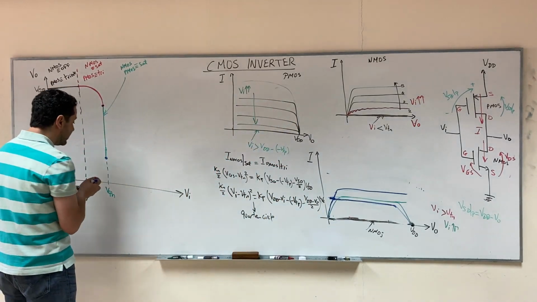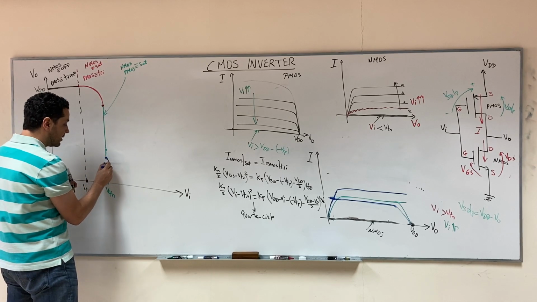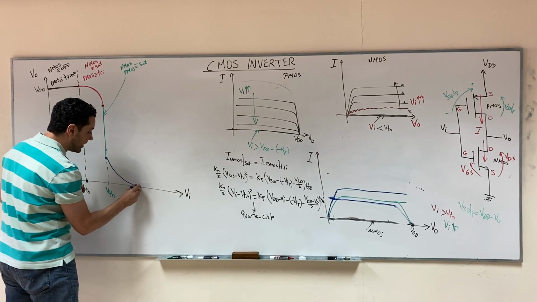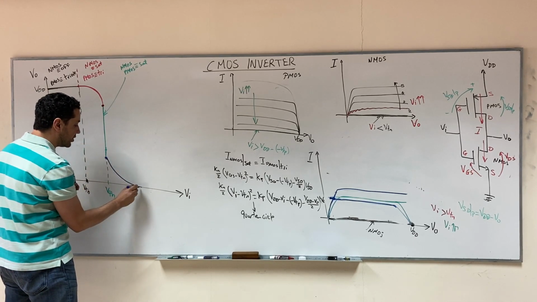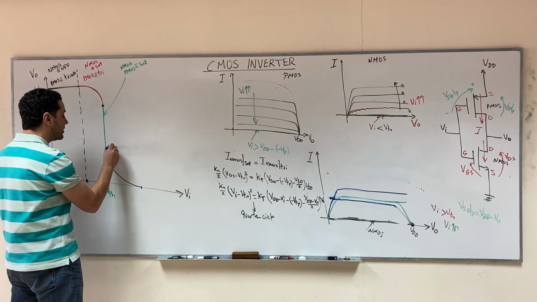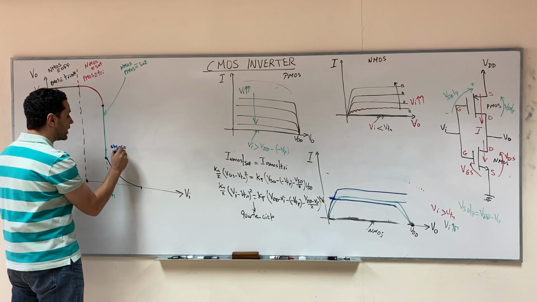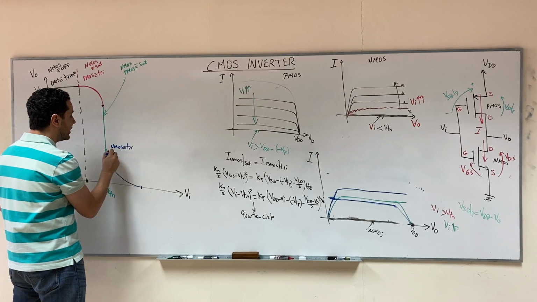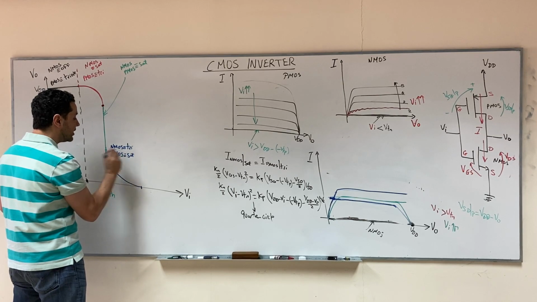So here you will find that you will get a relation between the input and the output, where in this region the NMOS will be working in the triode and the PMOS will be working in saturation.